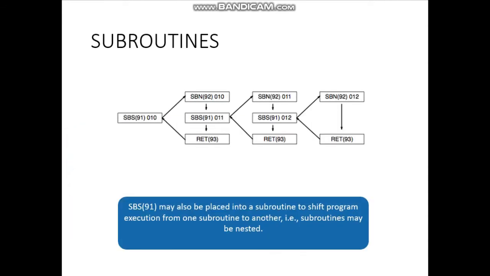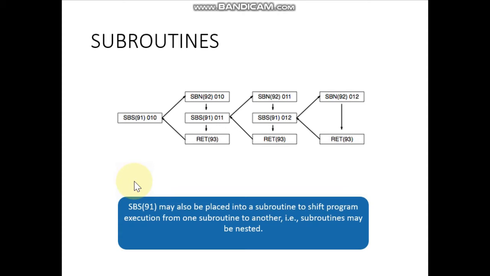Now the subroutine also can be nested. You can see here, for example, you have 3 different subroutines: subroutine 010, subroutine 011, and subroutine 012. Nested means you will have a subroutine inside a subroutine inside a subroutine.